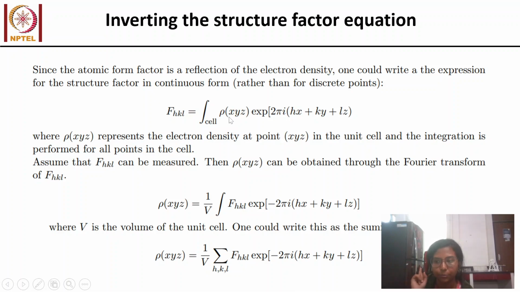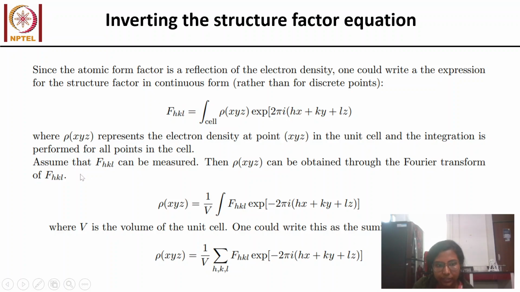If we have one atom at position xyz with electron density rho, and the small volume it occupies is dV, then if we integrate over all the atoms we will get the structure factor. This is what the equation simply is.